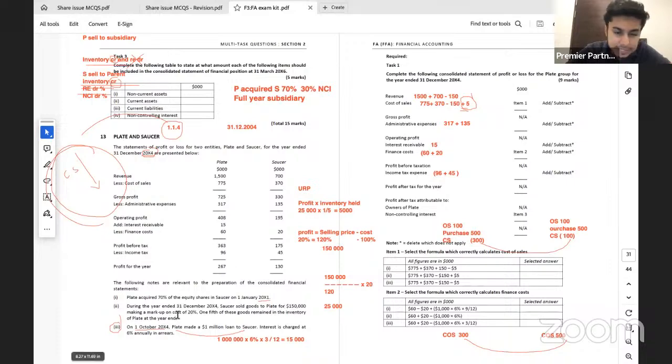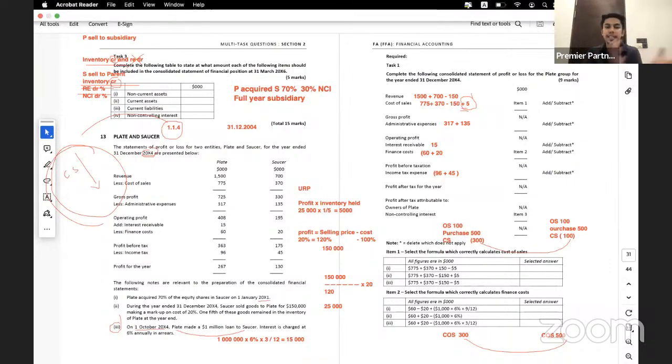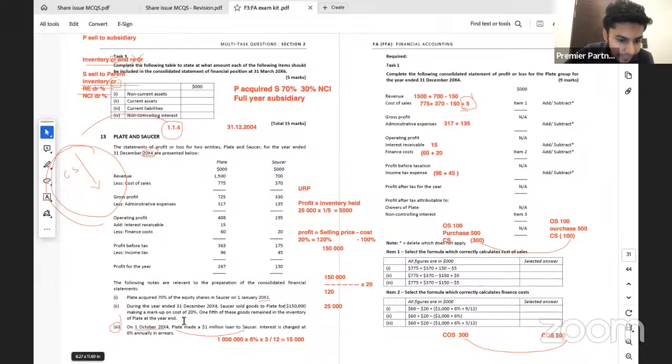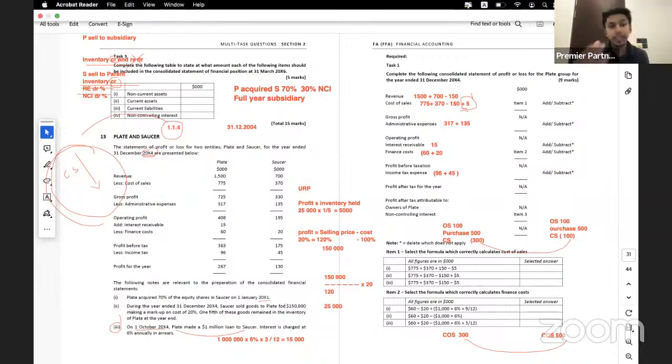Like this sales. When one person is selling to another person, we are eliminating that transaction. Same concept. Here, when Plate is making a loan, think from Plate's point of view. Plate is giving a loan. So for Plate, he will get interest. Once again, Plate gave a loan.